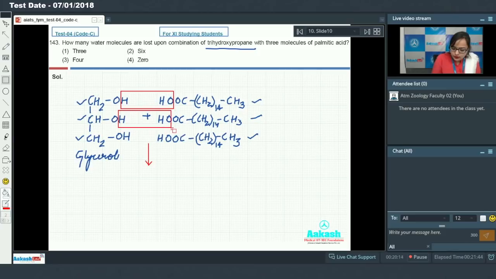This H and OH results in loss of 3 water molecules.